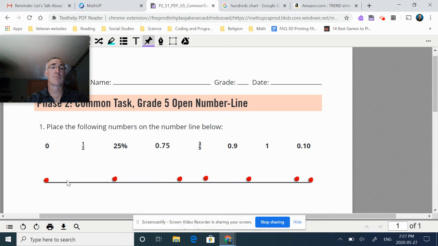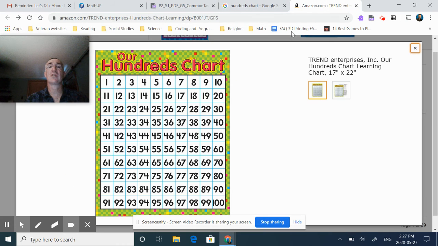So I'm going to put my push pin there. If I was to break it out according to my 100 chart, I can see that 10 hundredths would be 1, 2, 3, 4, 5, 6, 7, 8, 9, 10.